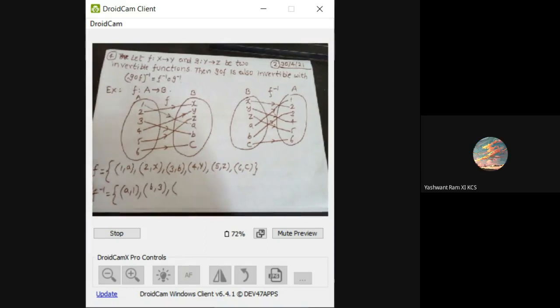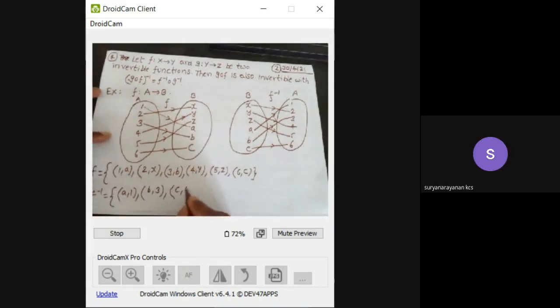C, 6. That's all. Yashwantram. X, 2. Very good. Y, 4. Z, 5. This is nothing but F inverse.